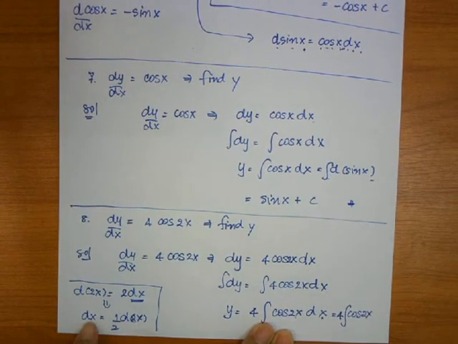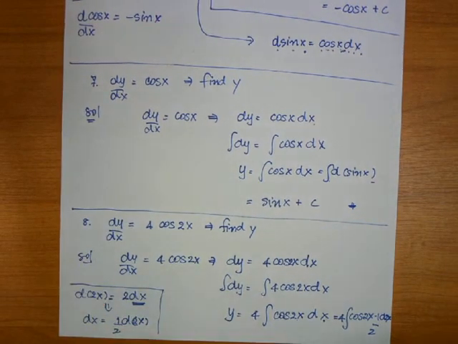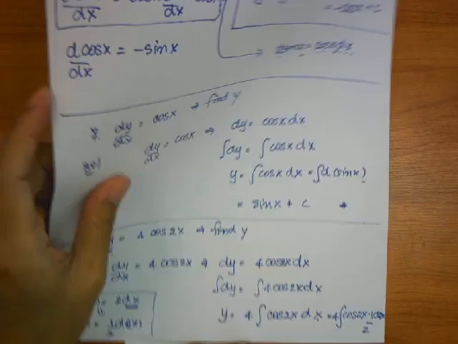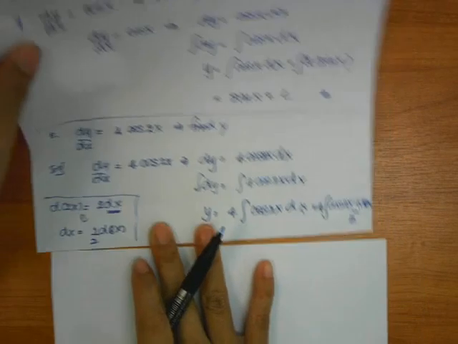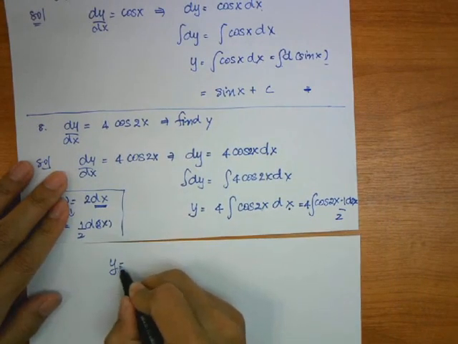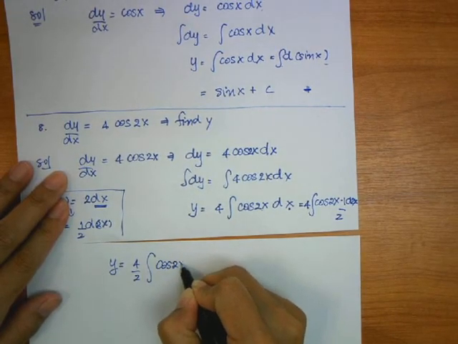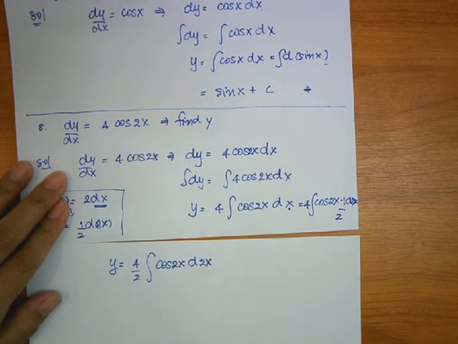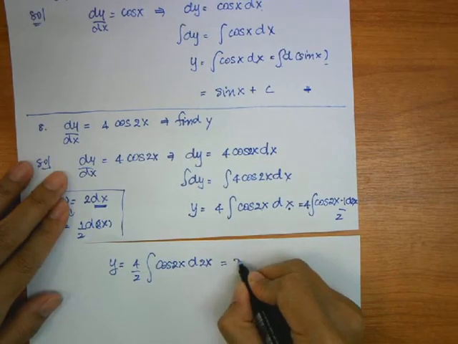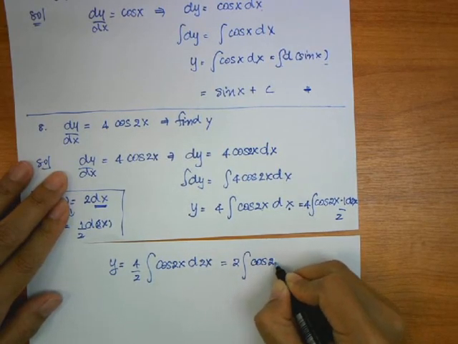Now our dx is equal to 1 over 2 d2x. You just put it in there. The 2 here is a constant, you can take it out of the integral sign. You would get 2 integral cos 2x d2x.